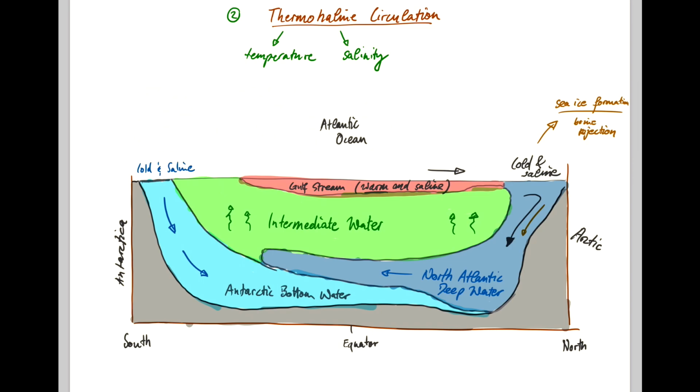And that brings me to the point that the global ocean circulation is a rather complicated 3D problem. And so the meridional picture, as we've drawn it up here right now, is rather incomplete.